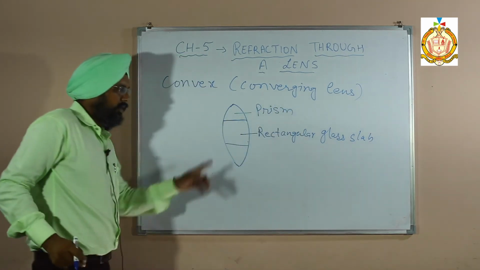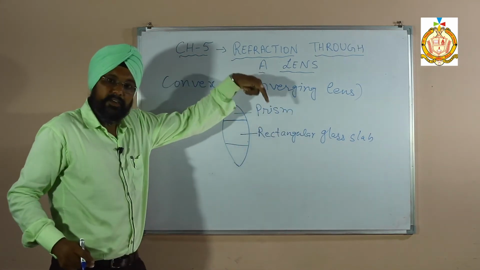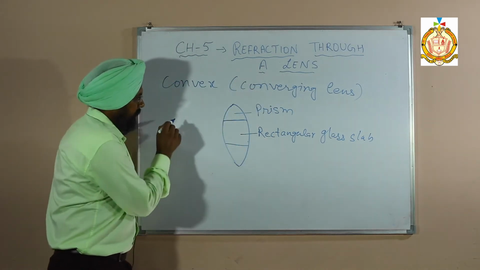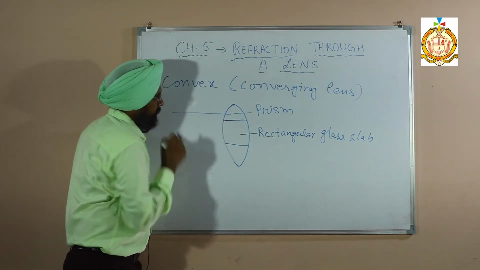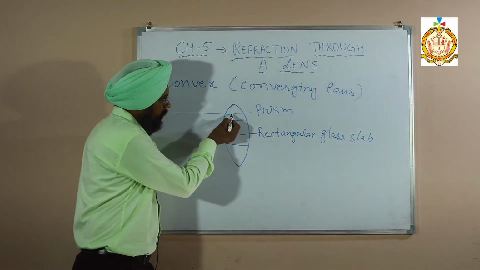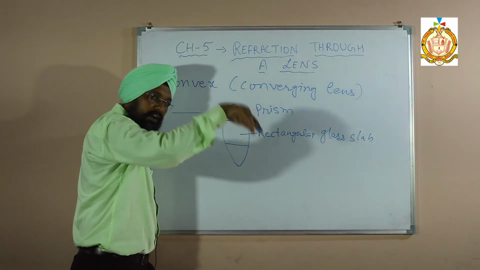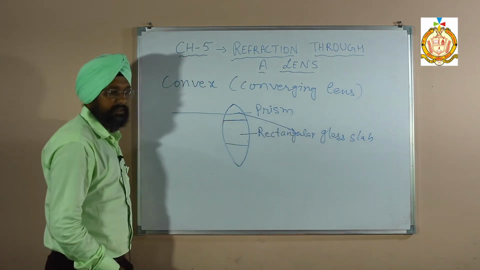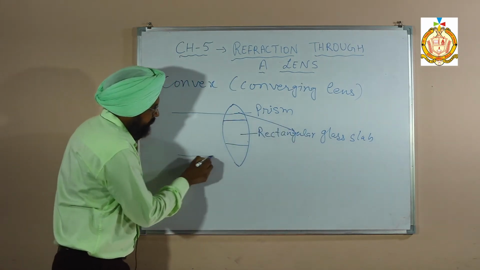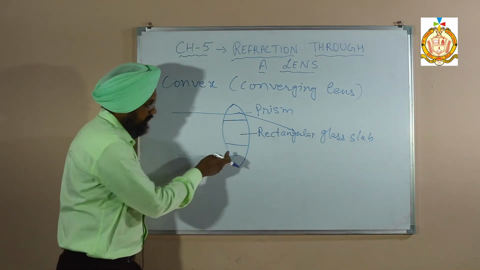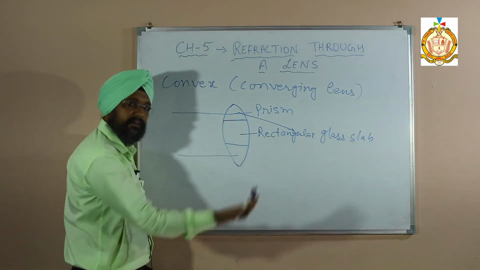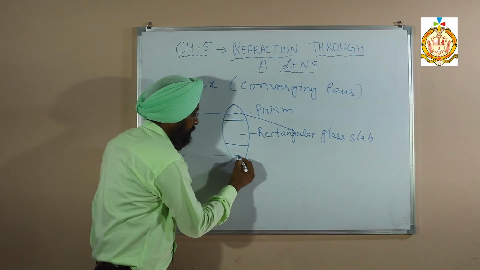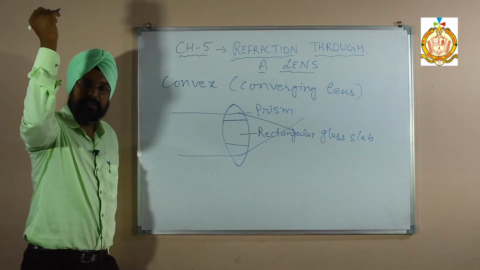A prism always bends the rays toward the base side. When the rays come, they pass through the prism and bend toward the base side, that is, the downward side. And if the rays come from this side, they bend toward the base side; the base is in the upward direction, so it bends the rays upward.